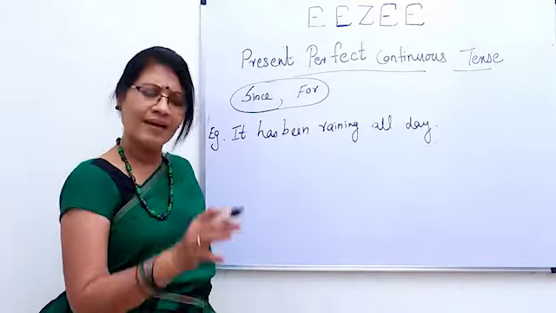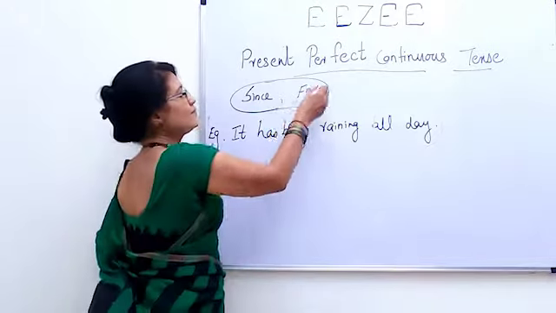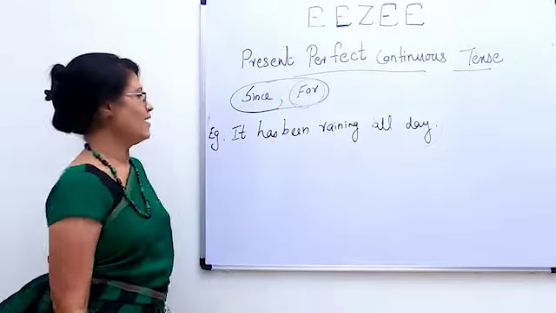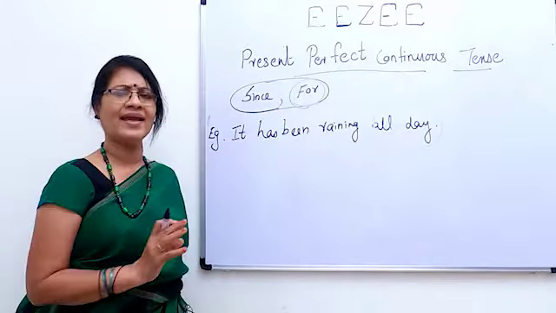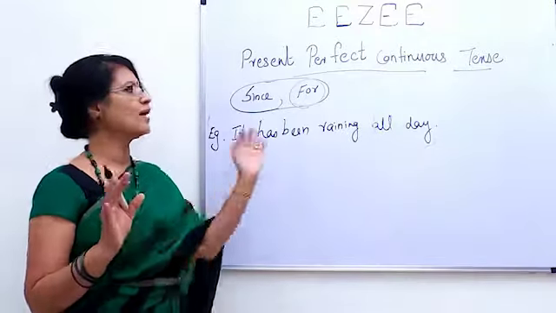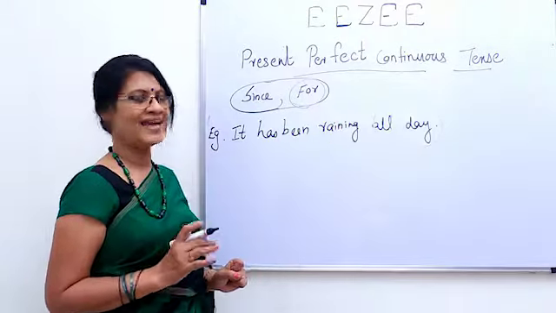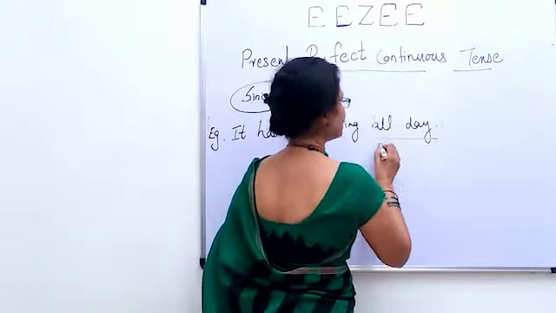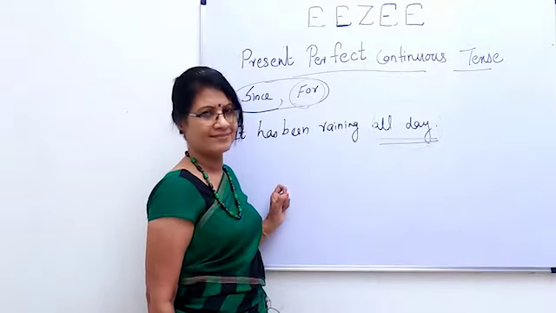What is all day? It shows a period of time. There is no need of using for there. So it has been raining all day. It has been raining all morning. That means throughout. That means it shows a period of time. So there is no need of using for. So these types of expressions are there, and in that case, there is no need.